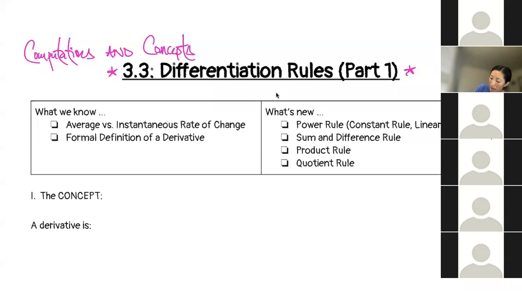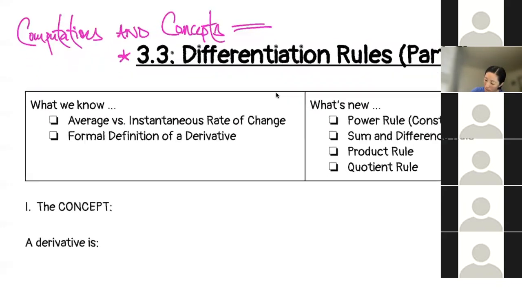Sometimes folks focus a lot on just the computation, like, can I do it? And they don't think about the concept, like, how do I know when to do this? When might I use this rule versus when I might use that rule? All that decision making and problem solving are still going to be incredibly important in this section.